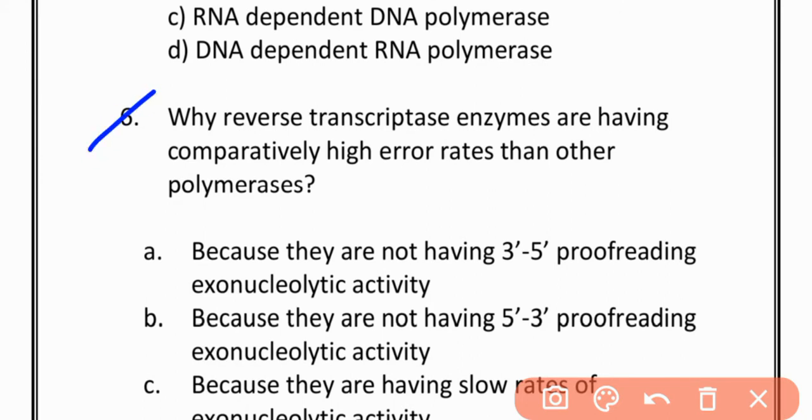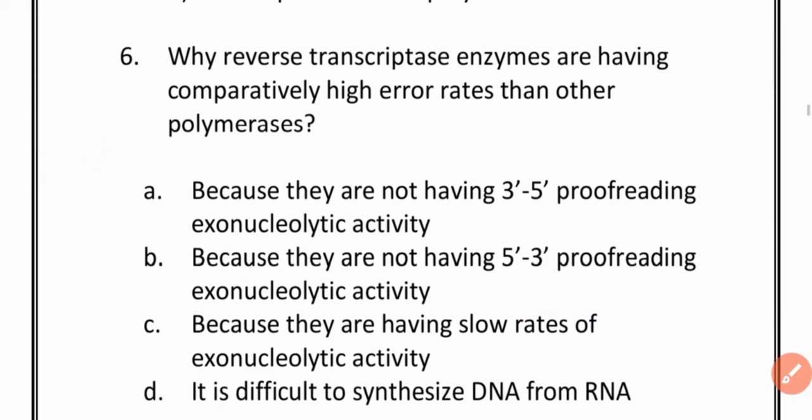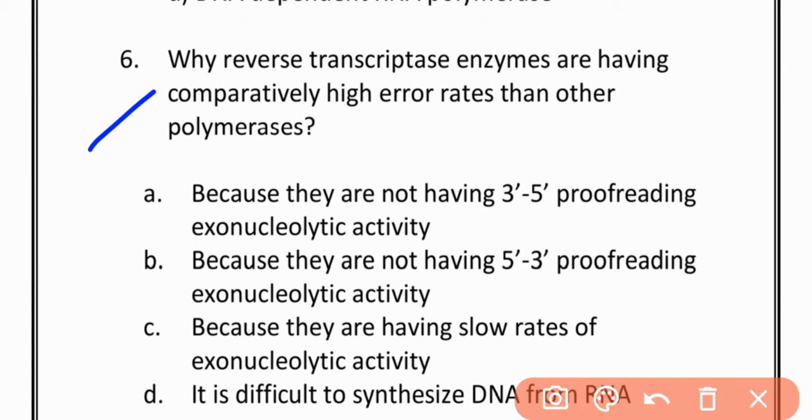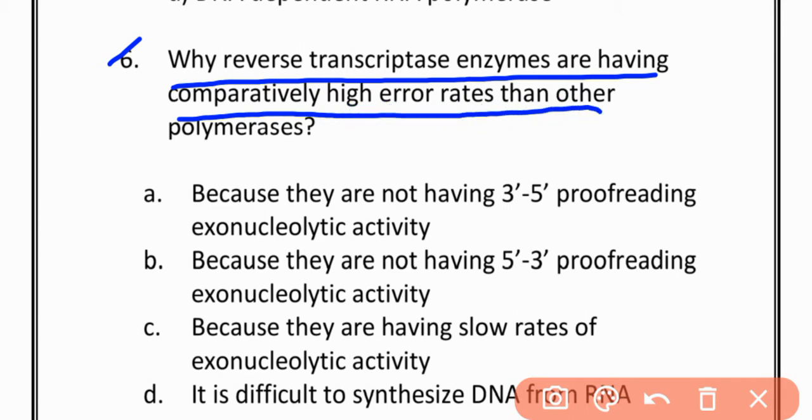MCQ number 6. Why do reverse transcriptase enzymes have comparatively high error rates than other polymerases? Option 1 is because they do not have 3 to 5 proofreading exonucleolytic activity. B, because they do not have 5 to 3 proofreading exonucleolytic activity.